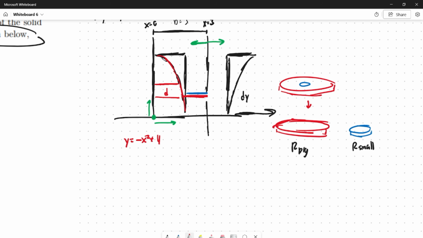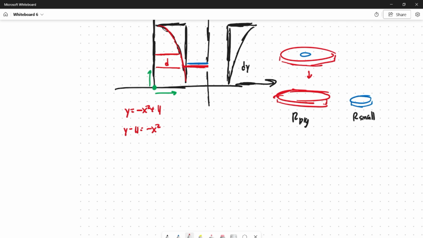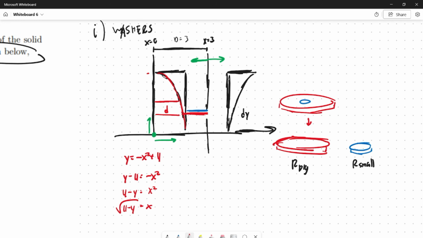That's very simple. We simply do y minus 4 equals negative x squared, move the 4 to the left side, then put the sign out to the left side, then take the square roots: 4 minus y is equal to x. Now, you'll notice there would be a plus minus here, but since we're only considering the positive region and not the negative region that looks like this, we can disregard that and only take into account the positive side of this square root function.